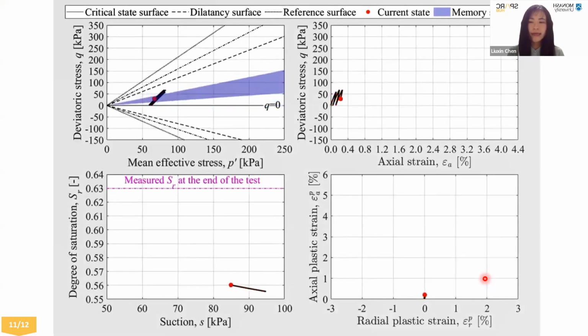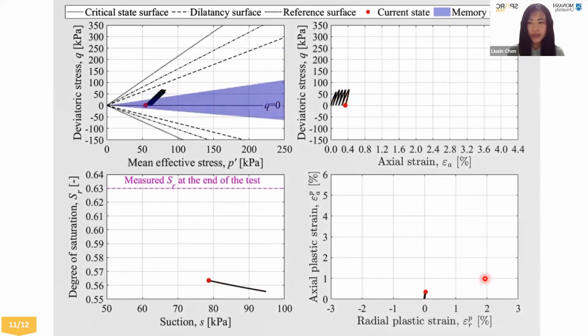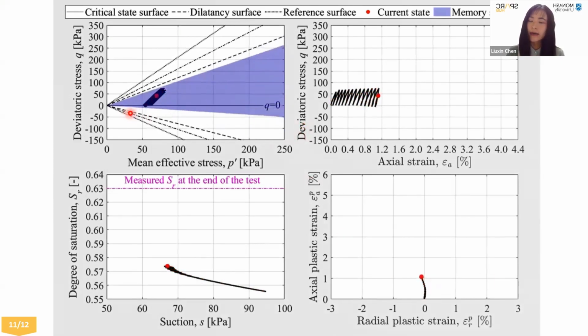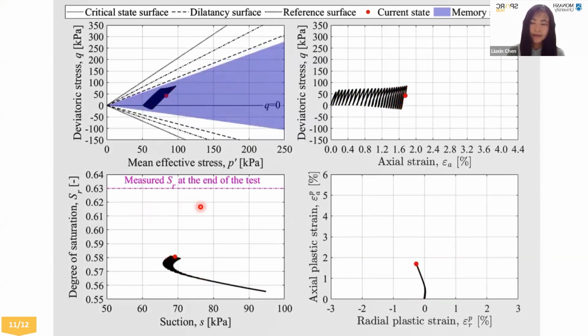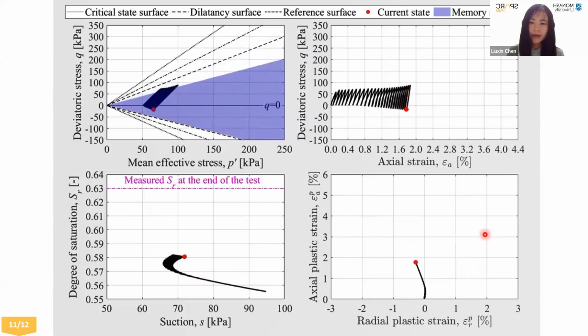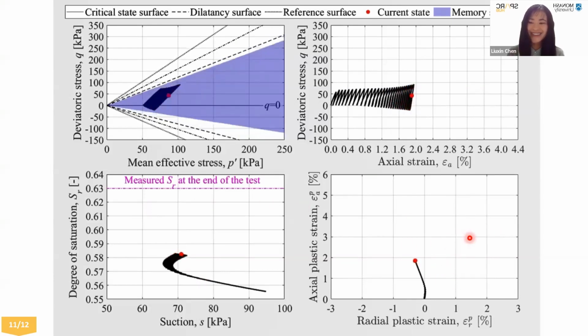During cyclic loading, the effects of degree of saturation and suction changes on the cyclic hardening are mainly through their effects on the memory surface evolution. You can see the degree of saturation is approaching the measured one at the end of the test. And this diagram has a very interesting feature, which I will demonstrate in the next slide.